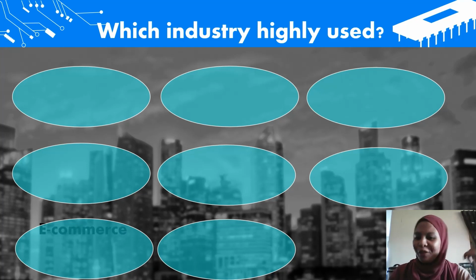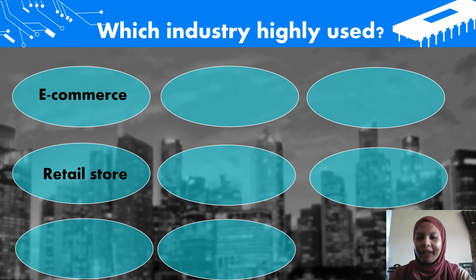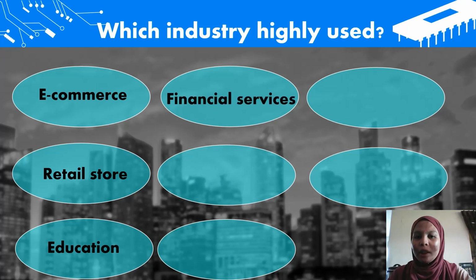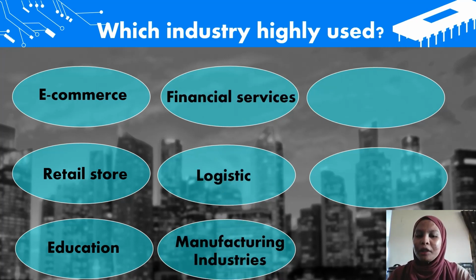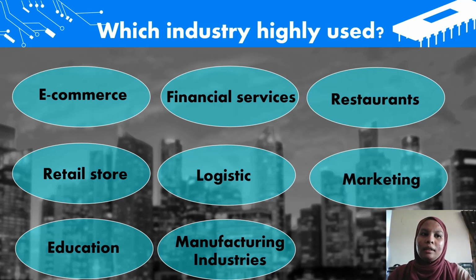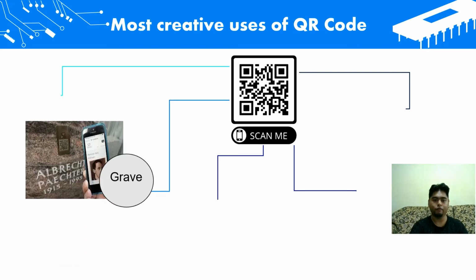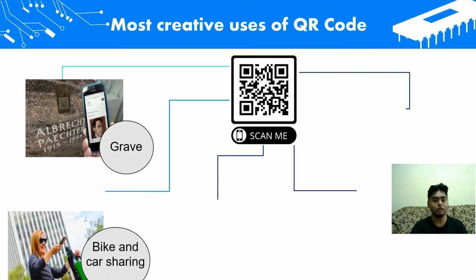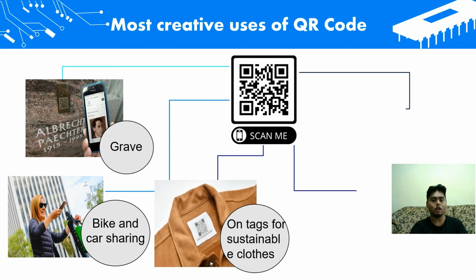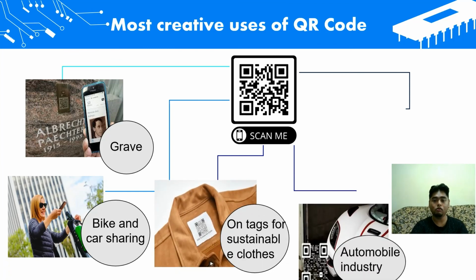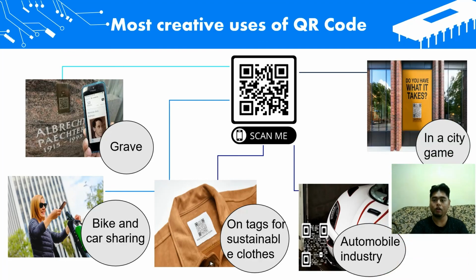Of course, e-commerce, retail stores, education, financial services, logistics, manufacturing industries, restaurants, and marketing. These are the industries that highly use the QR code for their business. Most creative uses for QR code: you can use it for graph information, bike and car sharing, on text for sustainable clothes, the automobile industry, and last but not least in city games.